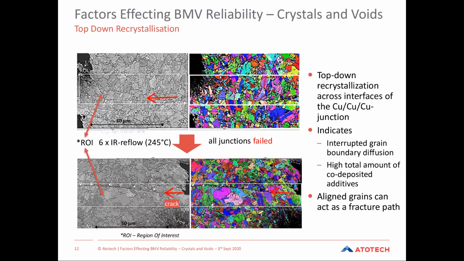So by the time we'd finished these tests, we determined mechanisms by which bottom-up and top-down crystallization could occur. And then we'd proven, at least to ourselves, that where you get breaks in crystal structure, there are definite reliability concerns within final structures, because that grain boundary alignment can potentially act as a fracture path, which makes failure dramatically easier.